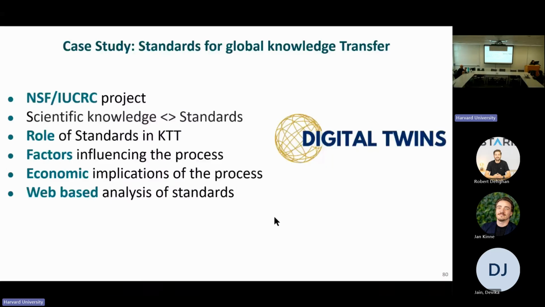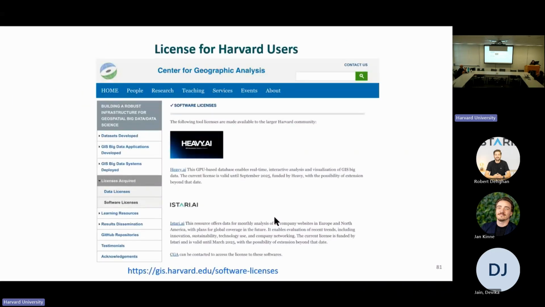What are the factors which are influencing this, and what are the implications? So our web-based analysis of standards is what we are trying to use in our project here. This is another use case on which we might come out with more papers in future, but something for you to follow.